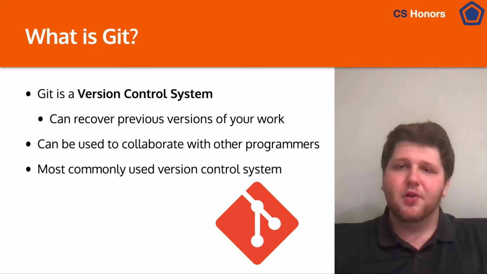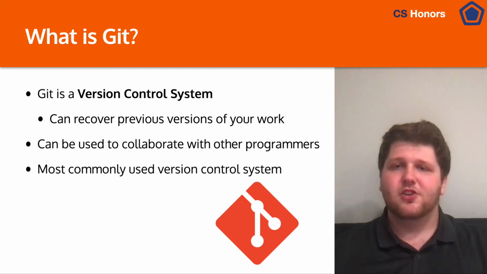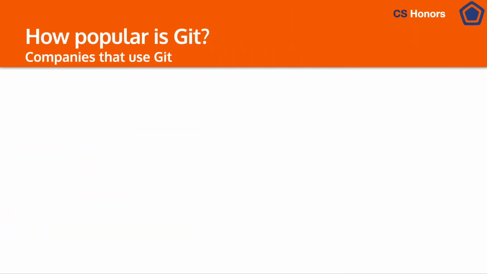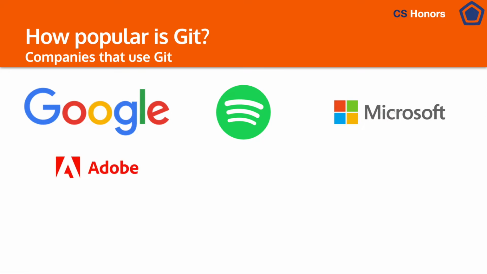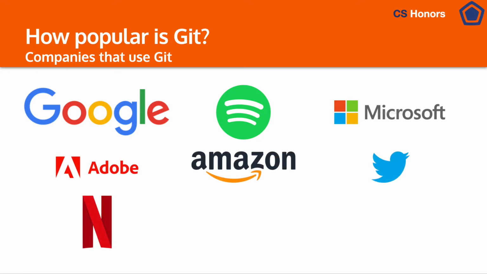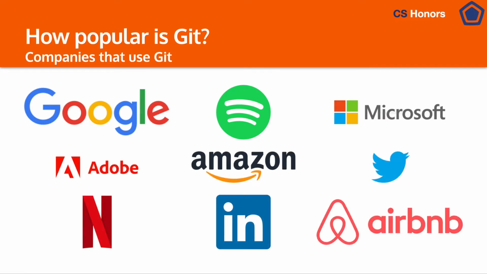It's also the most commonly used version control system in the software engineering world. It's so commonly used that we have a bunch of different companies listed on the next slide to show how many people use it. Let's show off some of those companies that use Git. They include Google, Spotify, Microsoft, Adobe, Amazon, Twitter, Netflix, LinkedIn, and Airbnb.